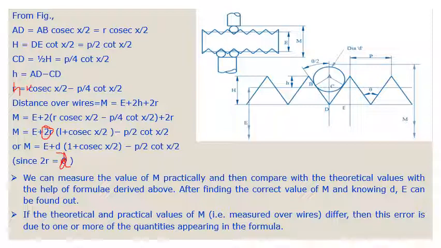So that error may contribute to the error in the effective diameter, or the deviation between the theoretical value and the practical or experimental value. Similarly, there may be other parameters also, like exactly obtaining the pitch. So that may be one of the possible errors.